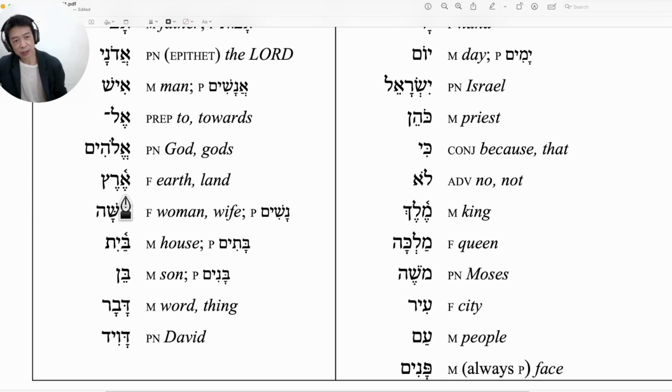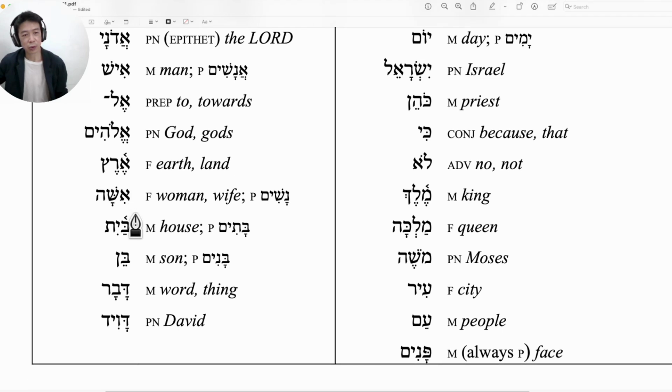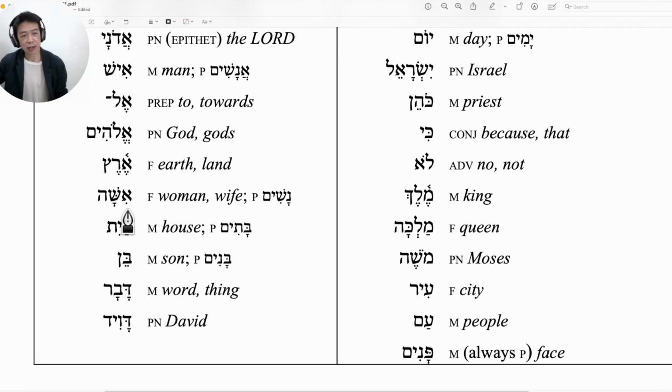The next word is Eretz. It means earth or land. It's a feminine noun. The next word is Isha. It means woman or wife. For plural, it's Nashim.